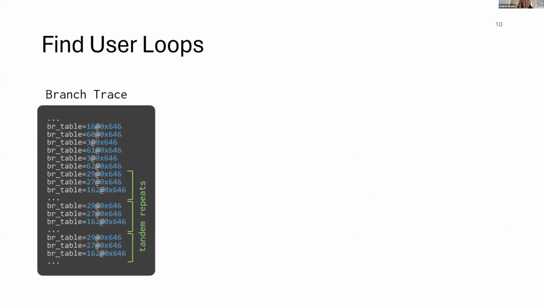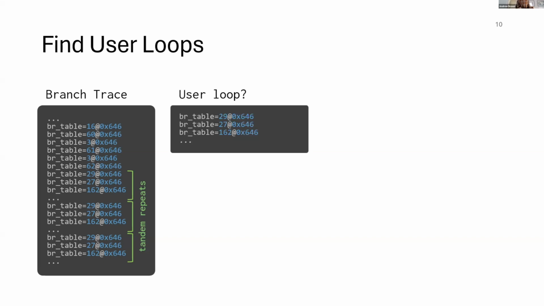So let me dive into more details. Let's talk about how we find the user loops. We have a trace here on the left, and what we'll do is apply a string algorithm to find tandem repeats. This algorithm comes from DNA sequencing, and it'll find repeated subsequences within a trace.